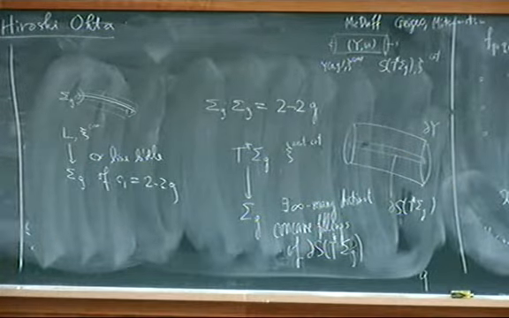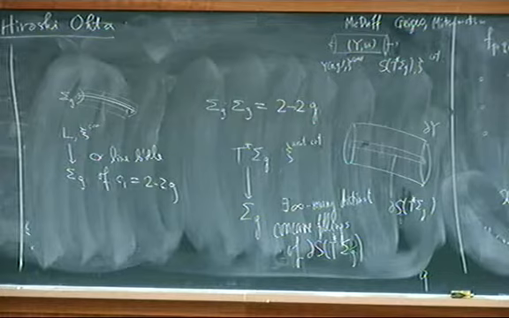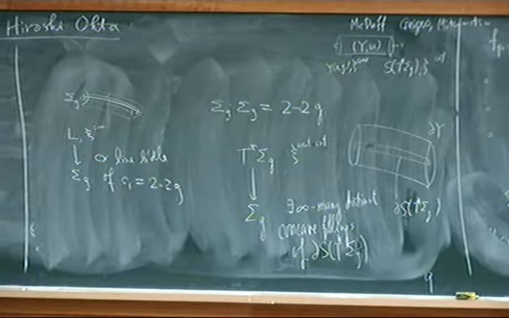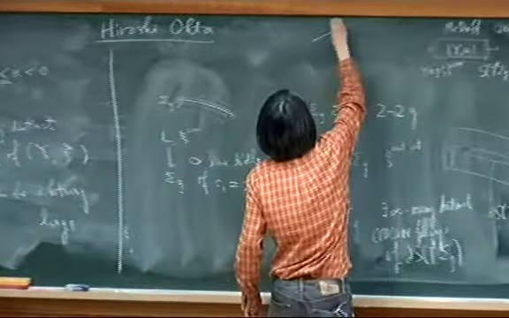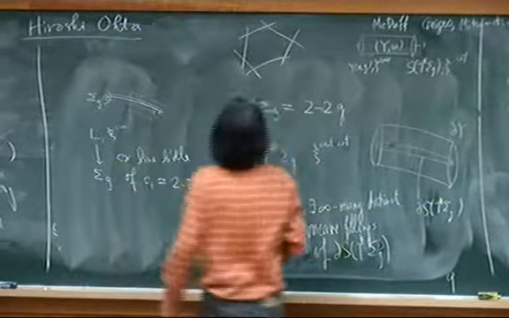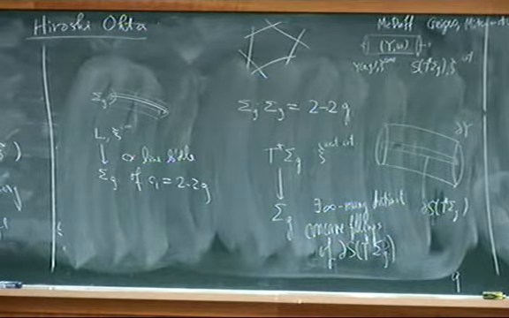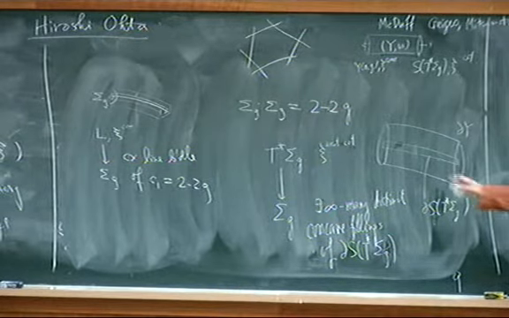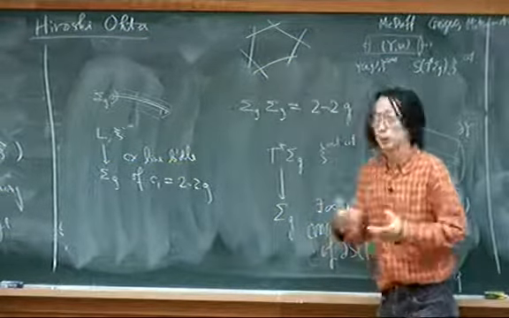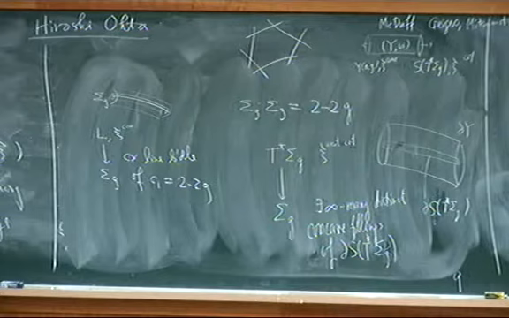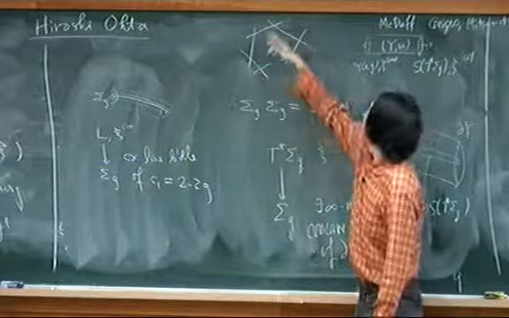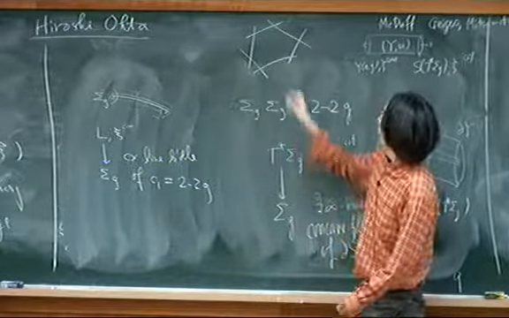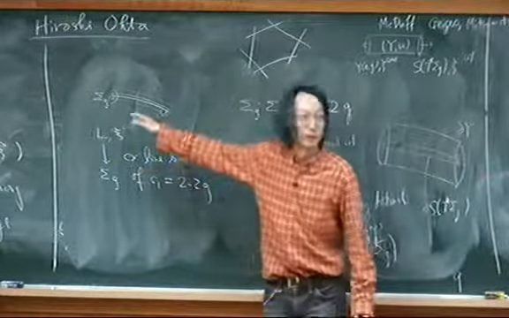If it is between 2 minus 2g and 0, then you just make a blow up, and then you can achieve this self-intersection number and do this. More generally, if you have a cycle of certain curves, and if such a thing appears as an exceptional divisor of the resolution, and if you assume a certain condition on the intersection numbers of them, then after smoothing we come to this.